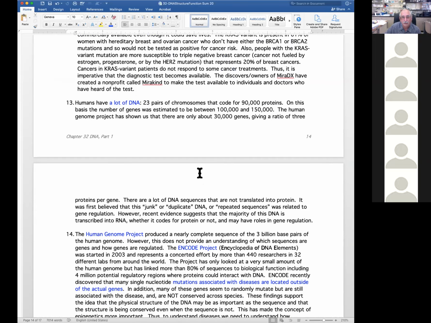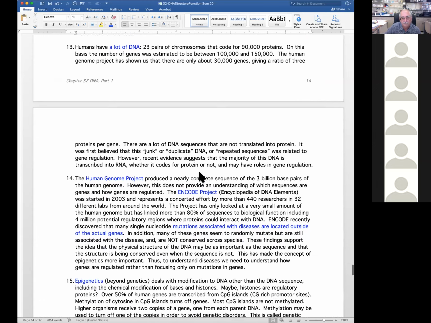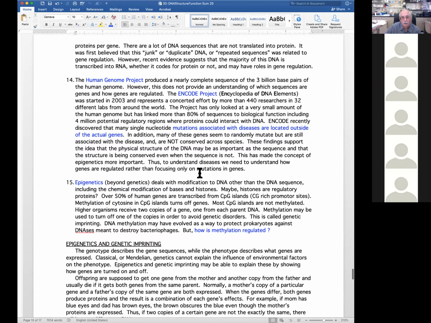And humans just simply have a lot of DNA. Then we have the Human Genome Project, and we find that mutations associated with diseases are often outside of the actual genes, making things much more complicated.